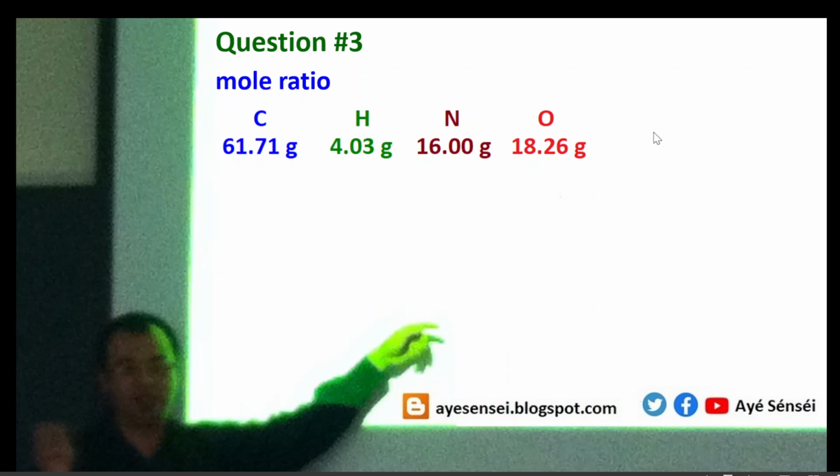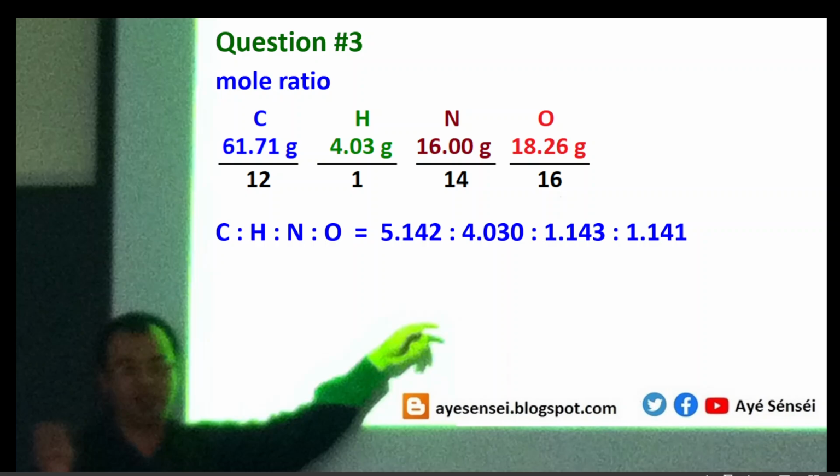Ar stands for the average atomic mass. Its value can be obtained from the periodic table. Here are their values: C is 12, H is 1, nitrogen 14, and then oxygen is 16. This is the result that I got: 5.14, and then 4.02, 1.14, and so on.